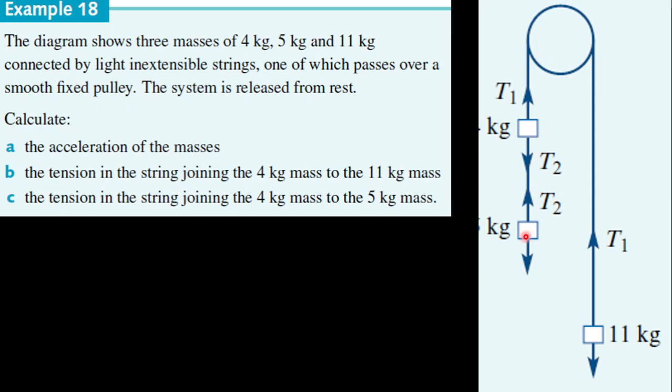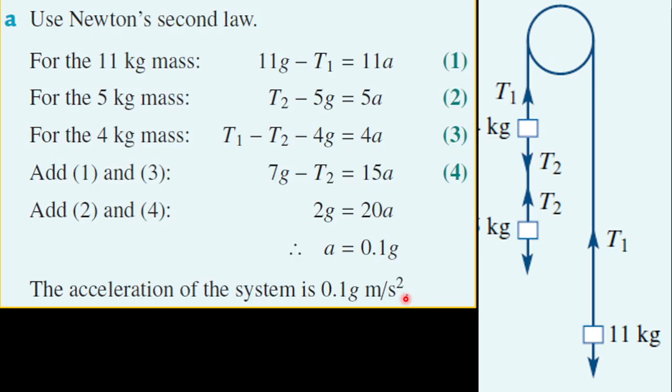What you could do is consider that it's going that way, which is clockwise, and apply that to each system, so to the 4, the 5, and the 11 kilogram masses. That will give you three equations. So you do that for the first one.